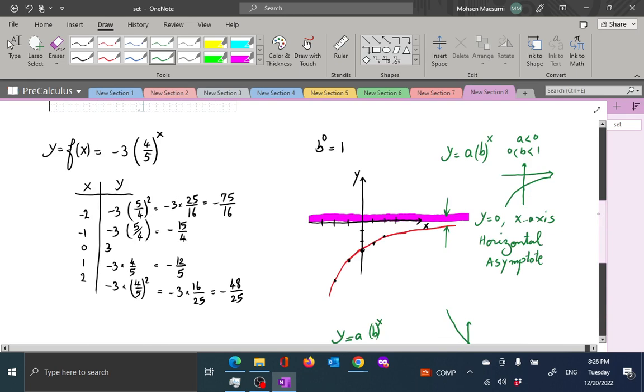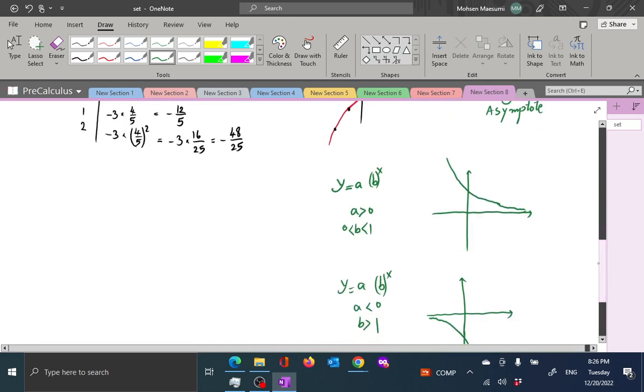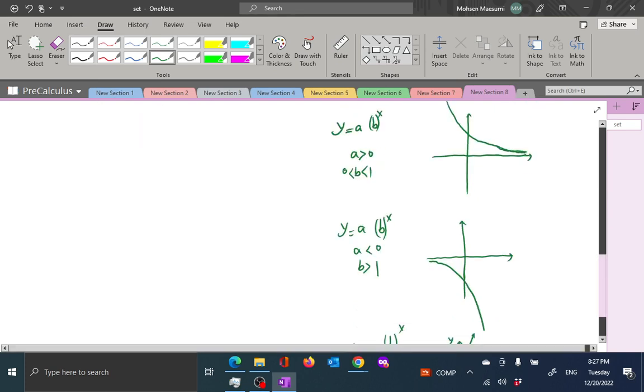So again, if a is negative, we are always on the lower side. If b is less than 1, I approach 0 on the right side. If a is positive and b is small, I'm positive, but since b is less than 1, I approach 0. My graph approaches the asymptote on the right hand side.